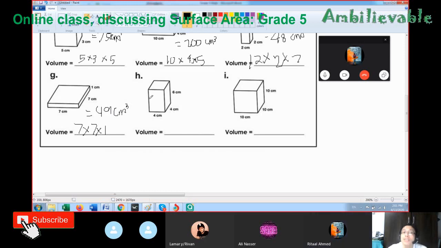Centimeters cube. What is the height of your figure? 1. Very good.